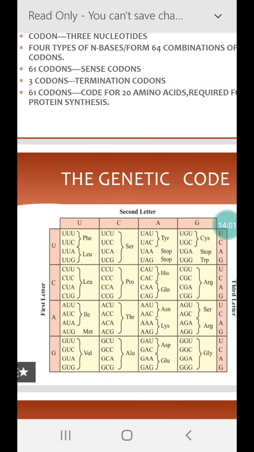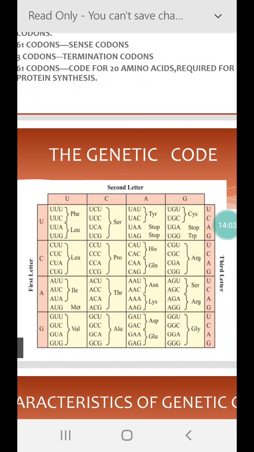Now in this figure, you can see the genetic code. How to read the genetic code? Take the first letter from the left, then the second letter from the top, then the third letter.